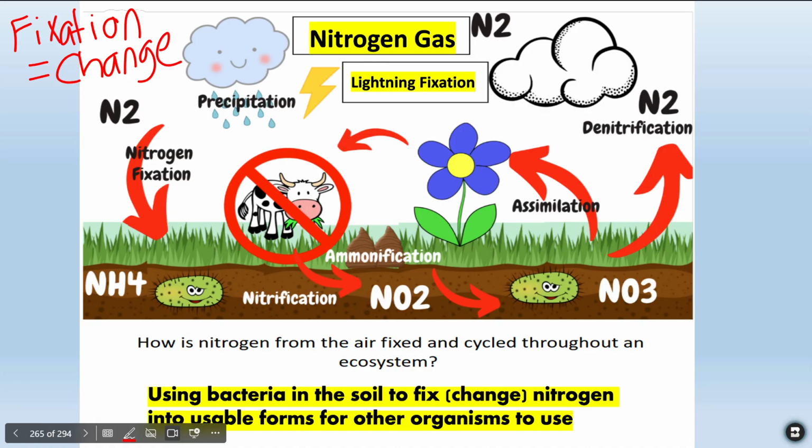Now down here, this is the bacteria. Very important. Put a star next to that guy. This is very important. Now, how is nitrogen from the air fixed or changed?